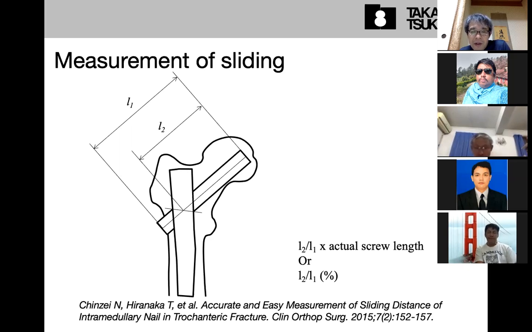In Japan, patients more than 100 years old are not surprising, not so rare. Due to the lack of bone strength, cutout is getting slightly more frequent. But anyway, accurately calculating the sliding length is very important to predict cutout.